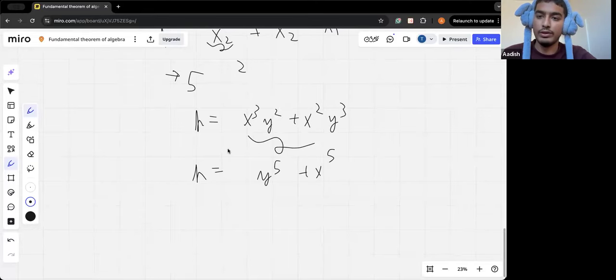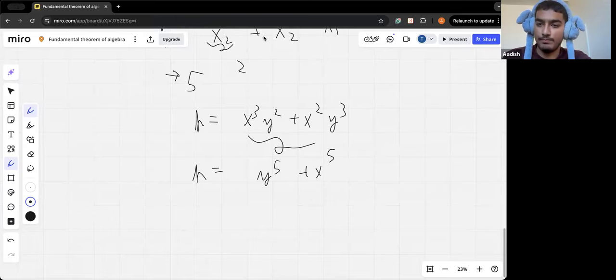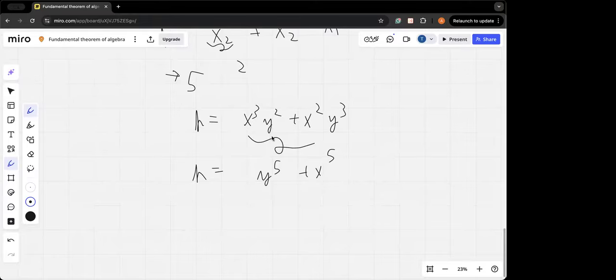So now you want to induct once again. How will you go from degree 3 to degree 4? You just multiply by x plus y, or sigma 1.